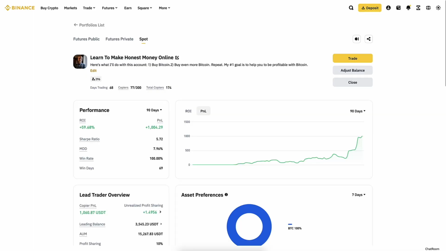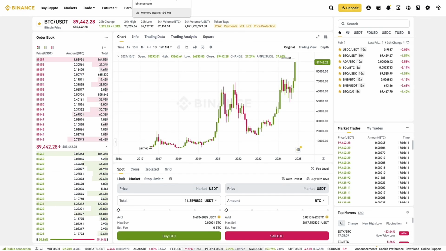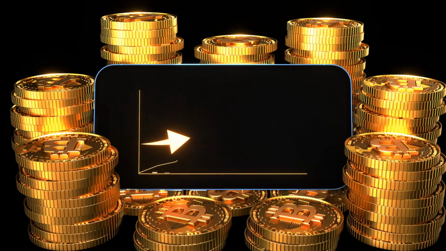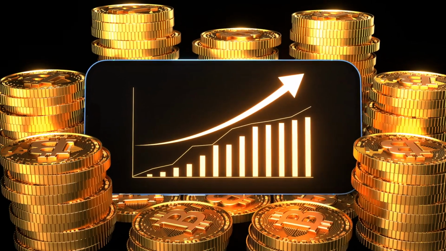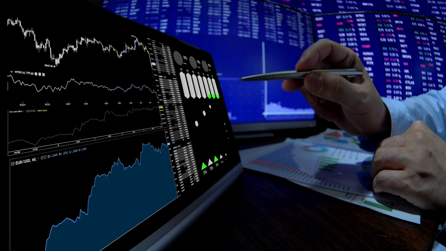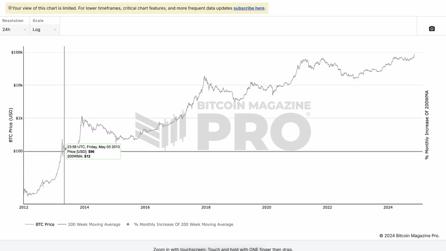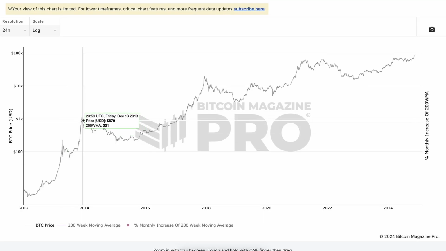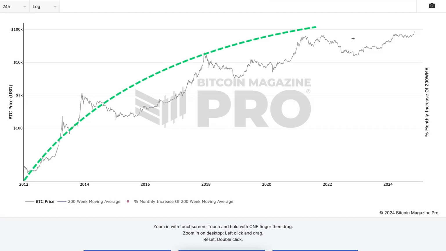That brings us to the two most important principles when you are doing trading, whether you do it here on copy trading or Binance spot trading or any other platform. First one is to get more Bitcoin regularly, and the second one is to do it for the long term, because you notice that momentarily Bitcoin may go up and down, but generally it's going up.